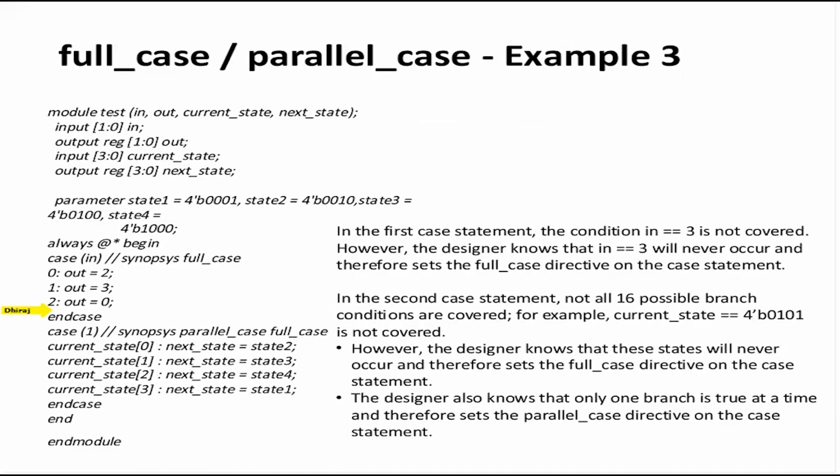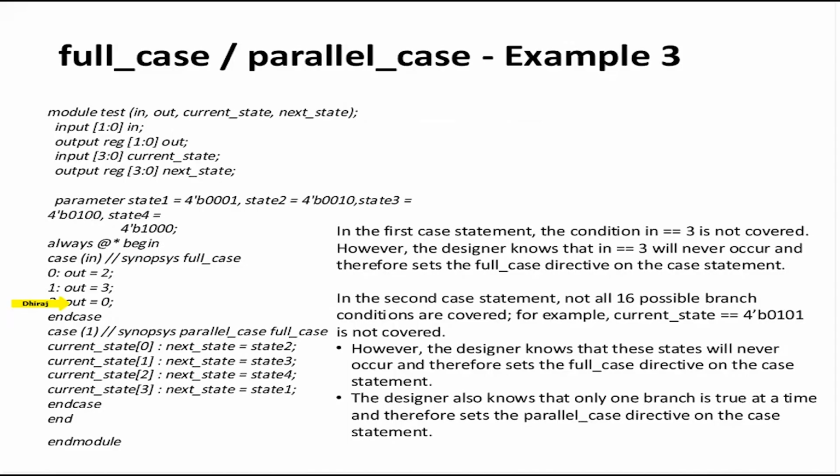Compare it with the case where default is not specified. If default is not specified and full case is given, DC will assume some value of output, either 0 or 1 or 2 or 3, whatever, such that the area is minimal. So it's like the Karnaugh map optimization.